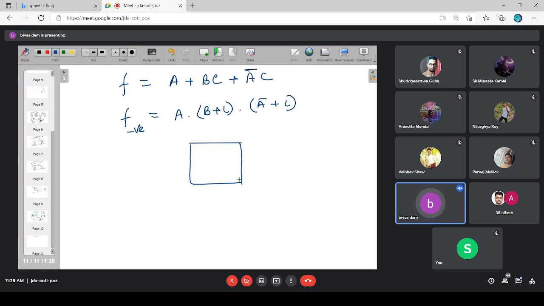In case the expression for the logic circuit is given in positive logic, to find out the logic expression under negative logic, simply find out the dual of the first expression. So you can take help of the duality theorem to migrate from positive logic system to negative logic system and vice versa. Okay. Hope it is clear. Yes, sir. Fine.